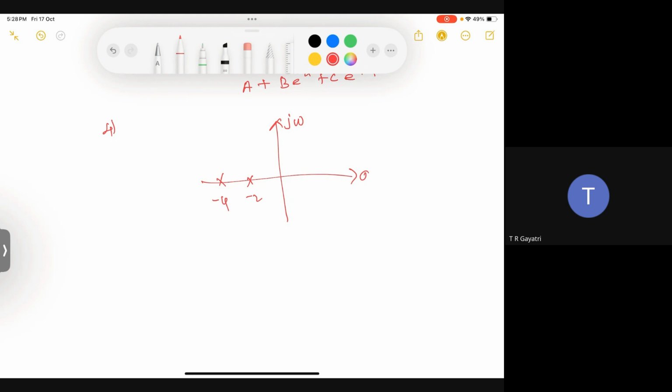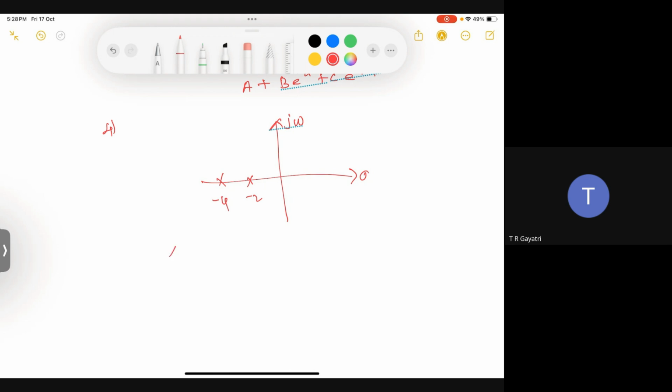The options: the output response contains exponential terms with positive indices indicating an unstable system; steady state output as t tends to infinity is non-zero and transient output dominates; the system is absolutely stable and the transient terms approach 0 as t tends to infinity; poles at s equal to minus 2 and s equal to minus 4 indicate unstable system. We know the system is naturally stable, right?